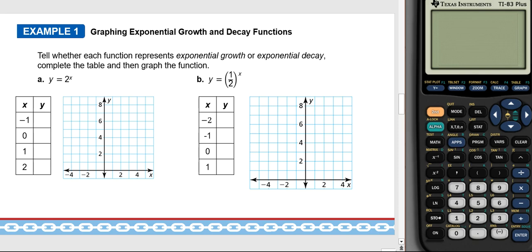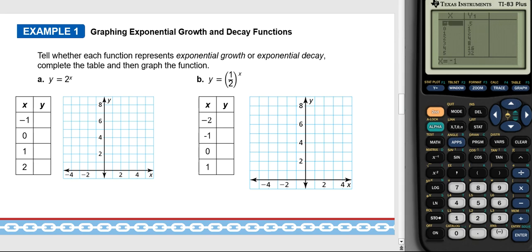We use our graphing calculators to graph these functions. The easiest way is to go to y equals and type in whatever that function is. Our first example is 2 to the x power. I type that in and hit graph to get an idea of what the picture looks like, but ultimately I need the data, so I go to second table.